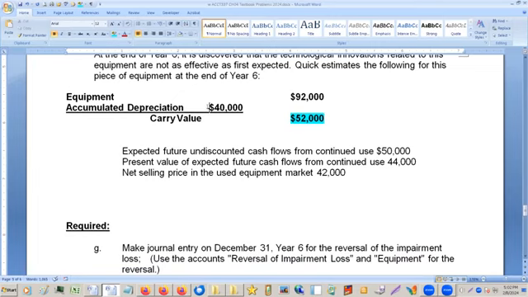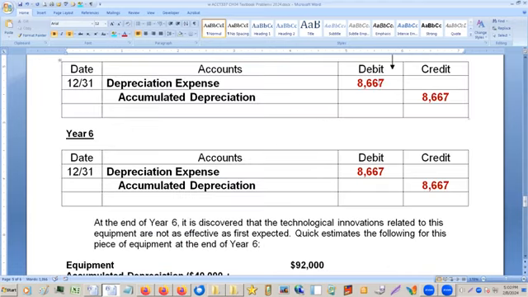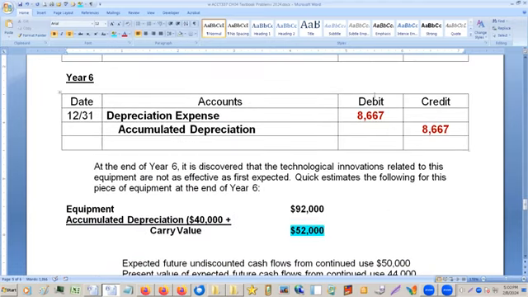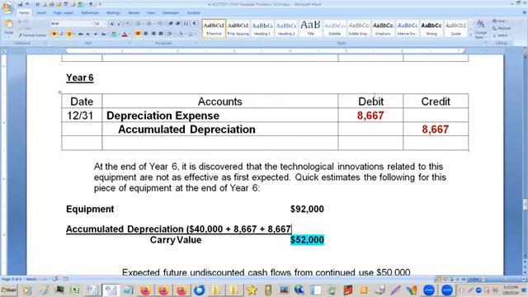Our accumulated depreciation, I'm going to do the math right here. So 40,000 was in our accumulated depreciation, but then these next 2 years we depreciated 8,667. Probably could multiply that by 2, but we'll just leave it like that.